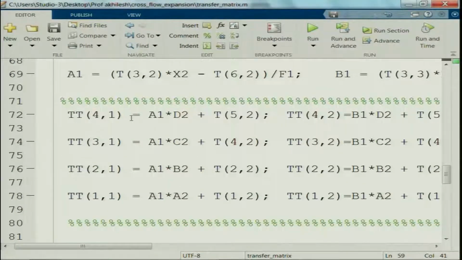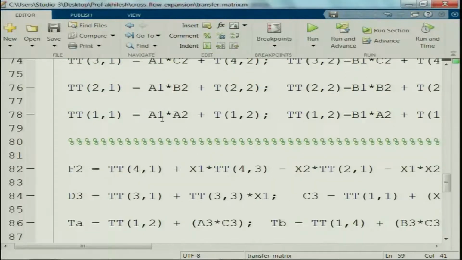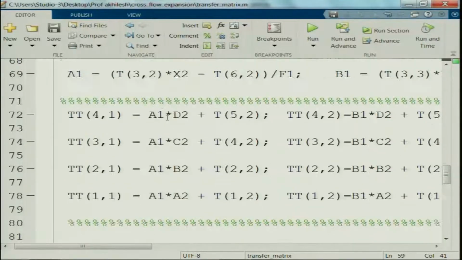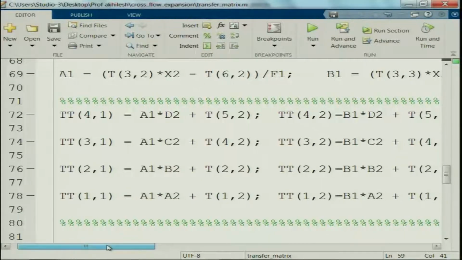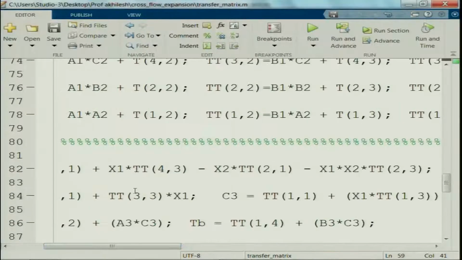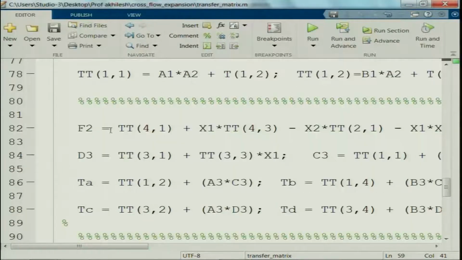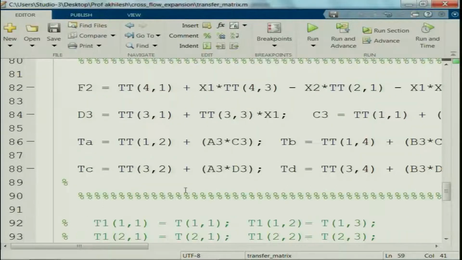Finally, your TT matrix relates the state variables at Z equal to 0 section in the duct 1 and the annular duct 2 with those at Z equal to L section in the annular duct 2 and the chamber at Z equal to 2L and the outlet duct at Z equal to L. All these boundary conditions will give you the TT matrix terms, and then you will have your parameters defined in terms of the TT matrix and a number of other parameters.